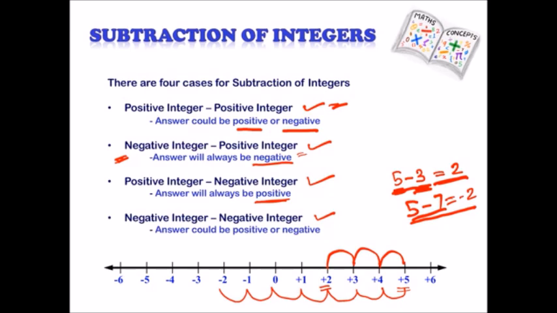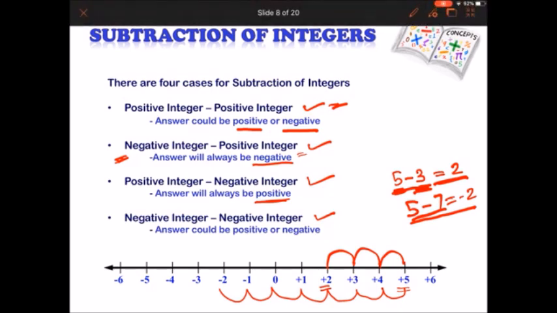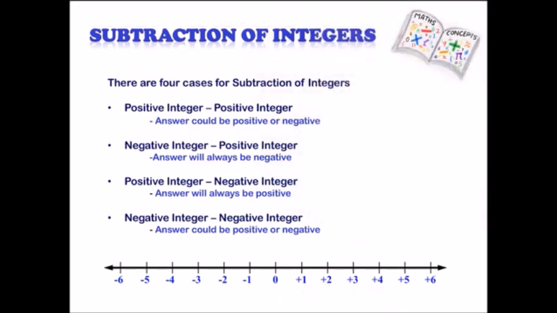Okay, in the last case, let me clean this up. Now in the last case, we are subtracting a negative number from a negative number. So the answer could be positive or negative depending upon if we subtract a bigger number from a smaller or a smaller from a bigger.